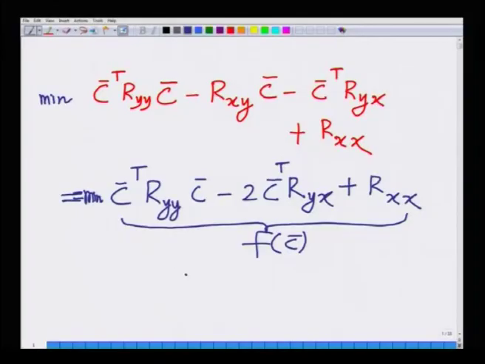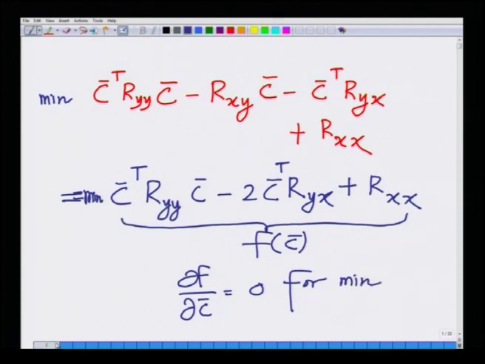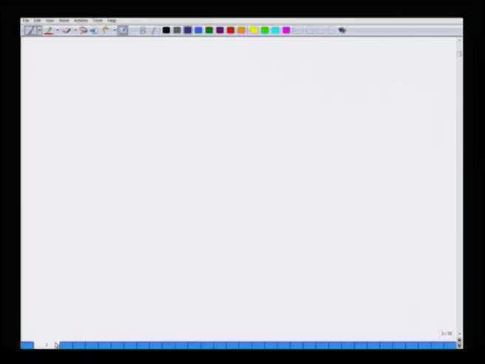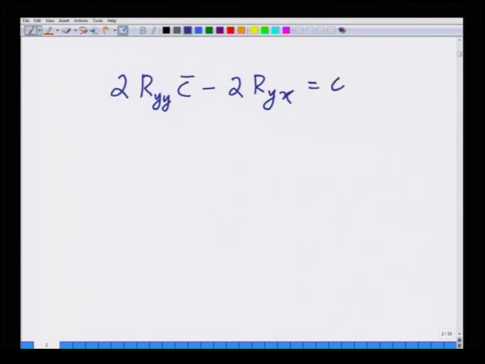So, dou f by dou C bar equals 0 for minimum. Now, the derivative of this, we had seen vector differentiation earlier, is nothing but the differentiation with respect to each component of that vector, and this can be written as 2 R y y C bar minus 2 R y x equals 0.